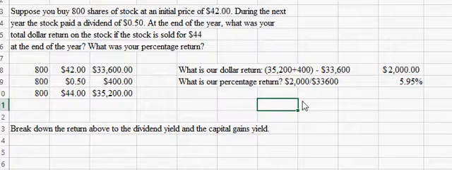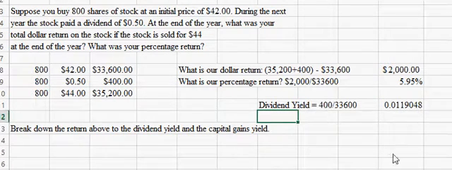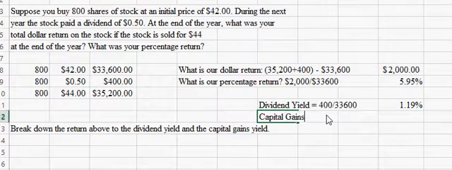So the dividend yield is equal to $400 divided by the initial investment, which is 1.19%.